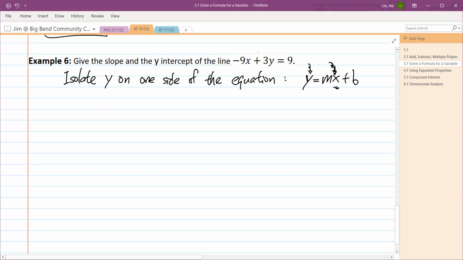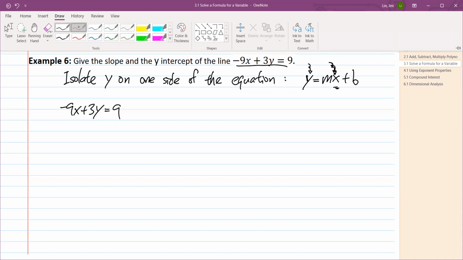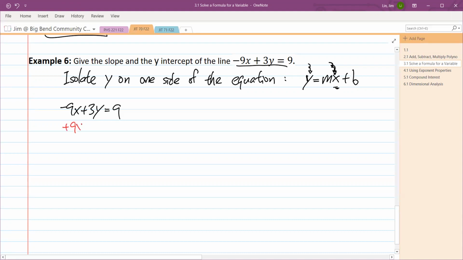All right, so that's why we have to arrange this equation. Right, so first of all, we have x term and y term on the left-hand side. So the first thing I would do is to remove the x term, because when we do the algebra like that, we are going to add the same term on both sides of the equation, right? We do that to eliminate the x term on the left.